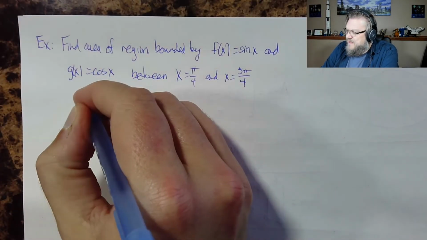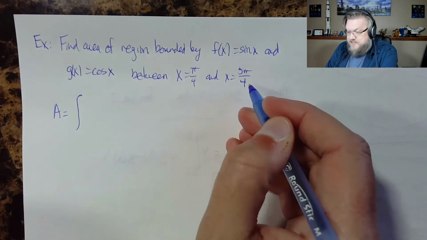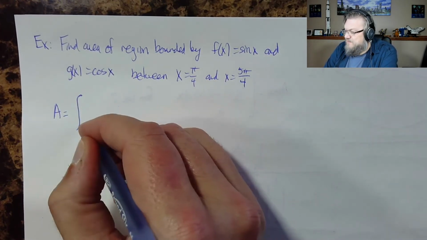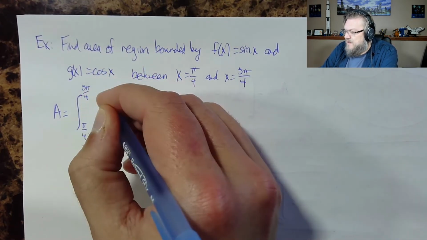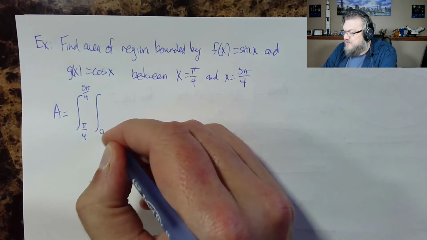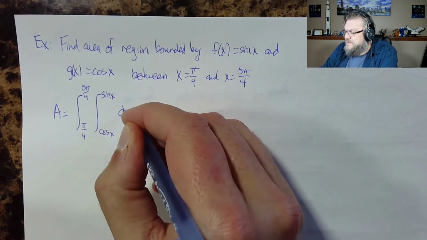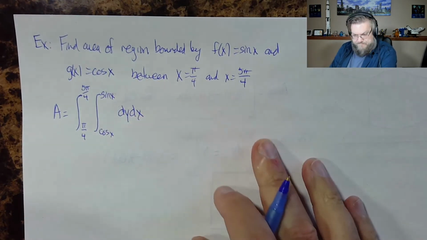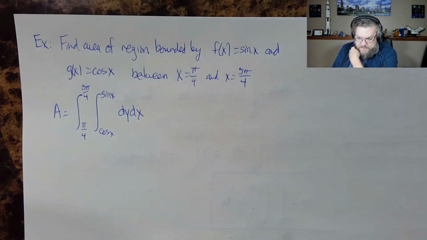All right, so the area should then be the integral from an x value to an x value, which would be pi over 4 to 5 pi over 4, of the integral from bottom curve to top curve. Bottom curve is cosine, top curve is sine, of dy dx. That would be the setup for an iterated integral version of this area.